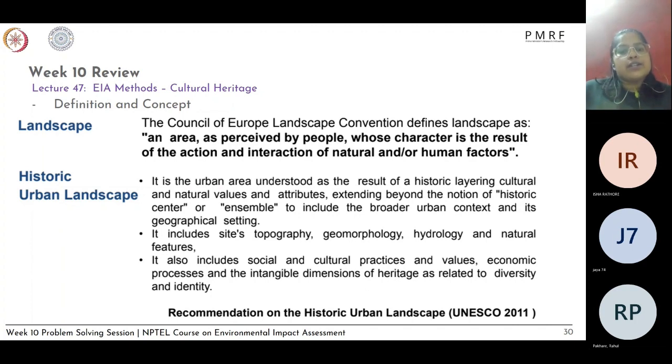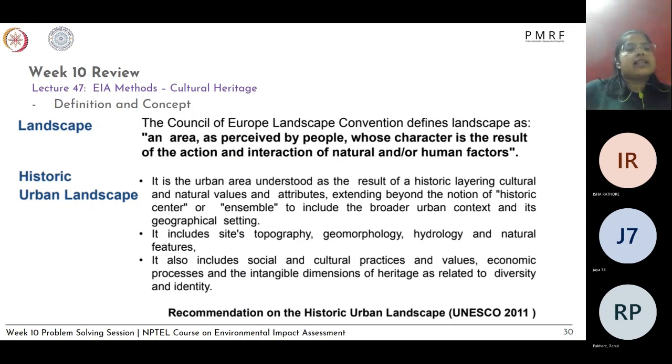And this includes site topography, geomorphology, hydrology, and natural features. And this also includes social and cultural practices and values, economic processes, and the intangible dimensions of heritage, which are related to diversity and identification.